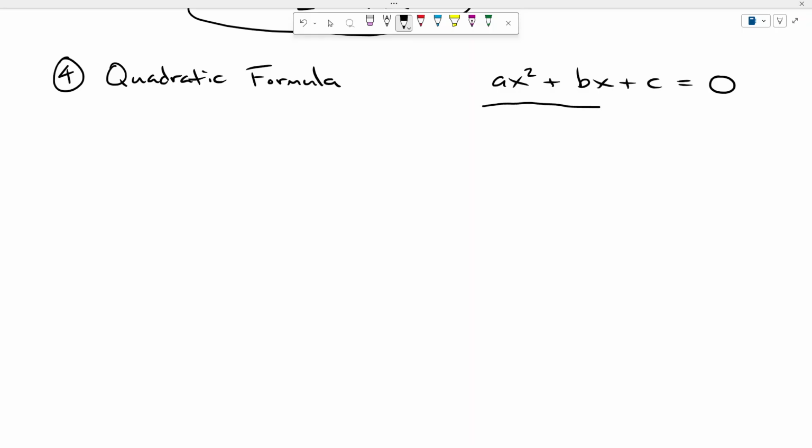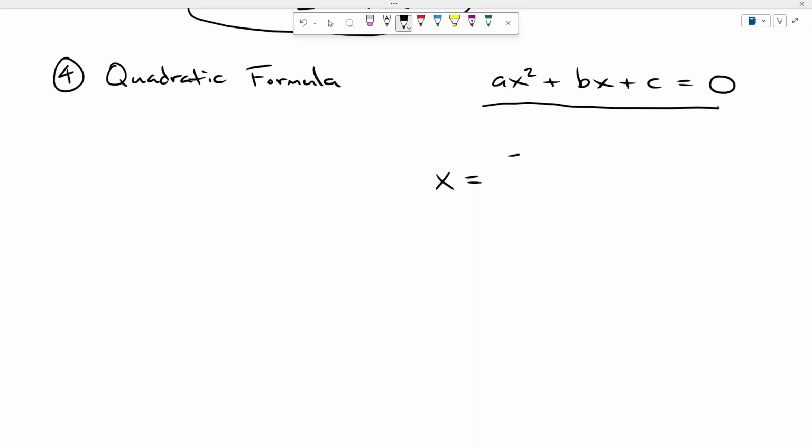If we got something in this form, we can apply the quadratic formula and figure out our solutions. So when in doubt, if all else fails, if factoring isn't working, if square root property isn't working, if completing the square isn't working, you can always fall back on the quadratic formula to solve any quadratic equation.